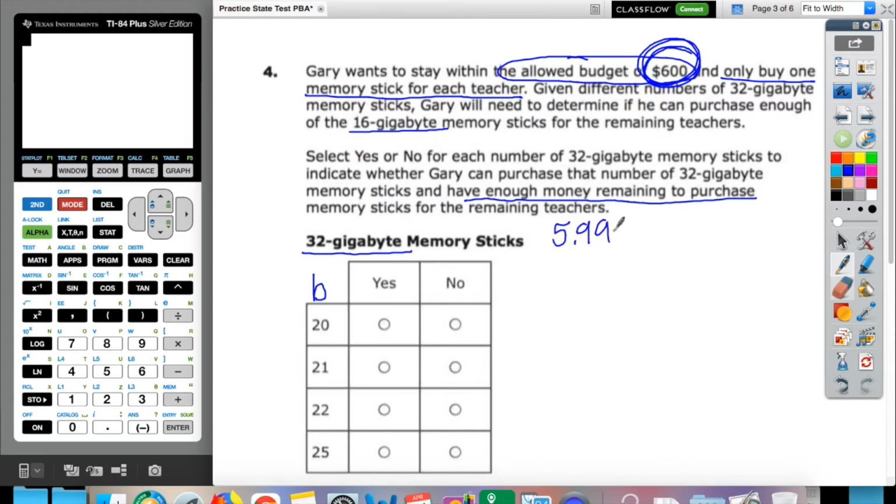The 599A plus 999B was less than or equal to 600, because remember his budget was only $600, so we can't go over that.